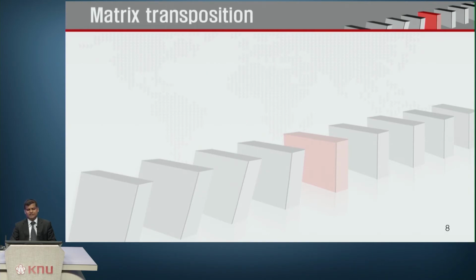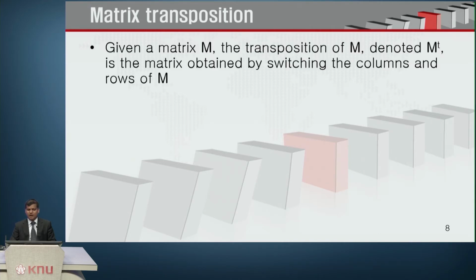So, matrix transposition. Given a matrix M, the transposition of M, denoted M power T, that's M transpose, is the matrix obtained by switching the columns and rows of M. These basic matrix operations you might already be familiar with.